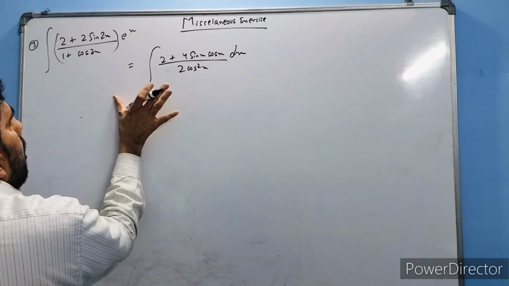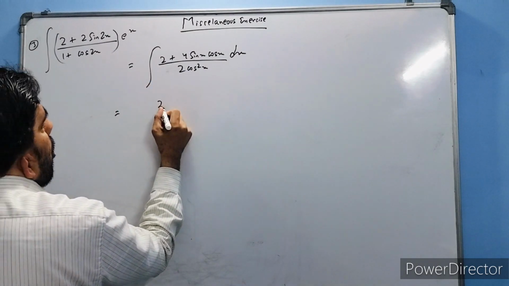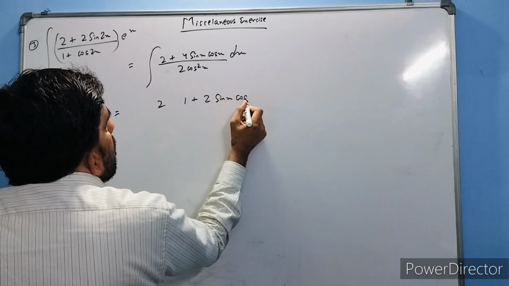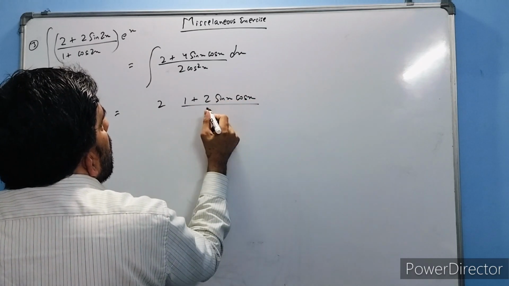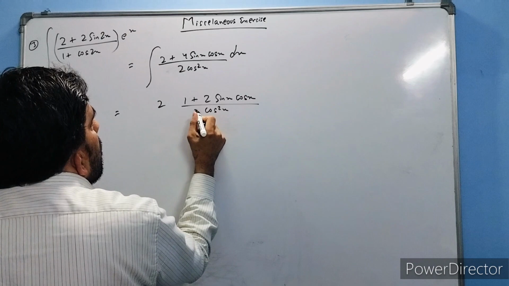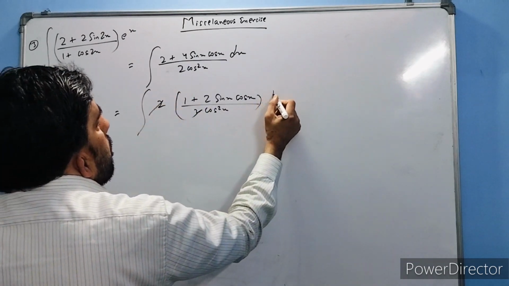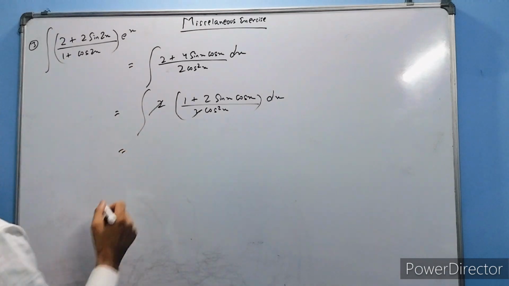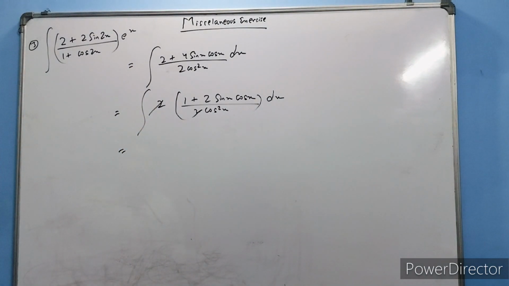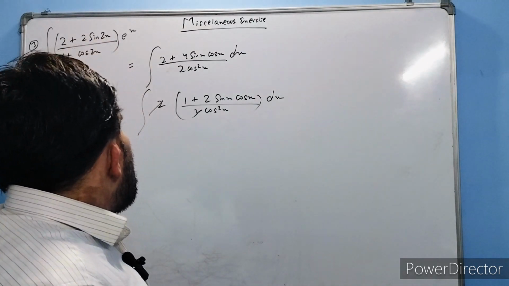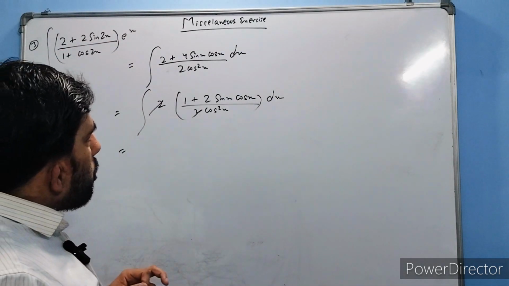So now what we will do here, you can take 2 common, so we'll have 1 plus 2 sin x cos x upon cos square x, because now we'll reduce it by 2. Okay, so we have applied the identity for sin 2x, that is 2 sin x cos x, and for 1 plus cos 2x it will be 2 cos square x.